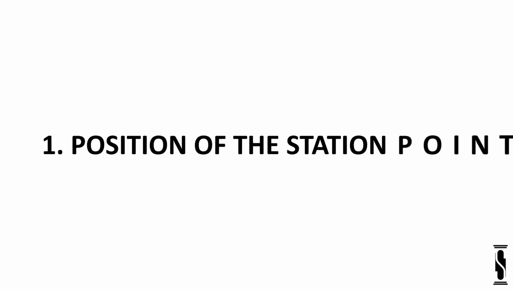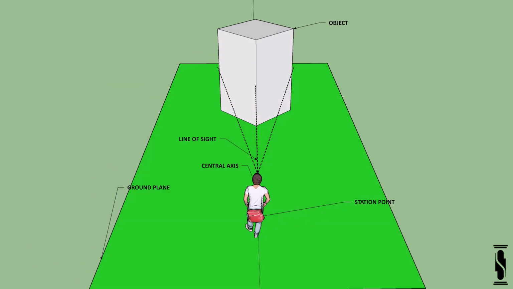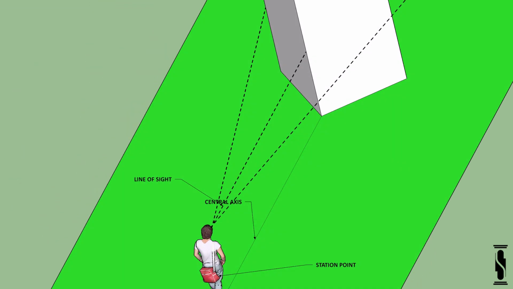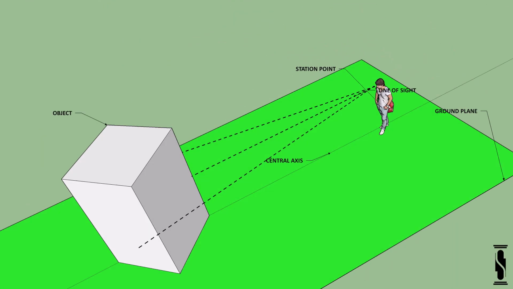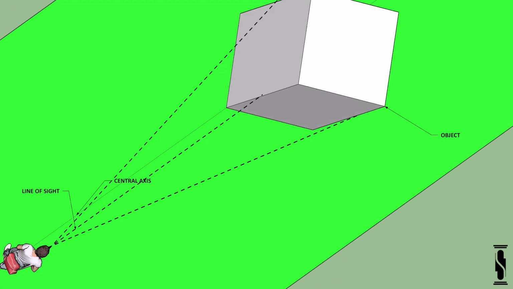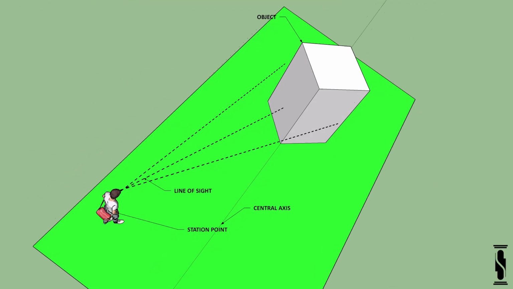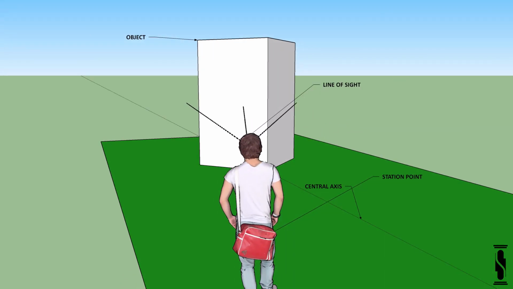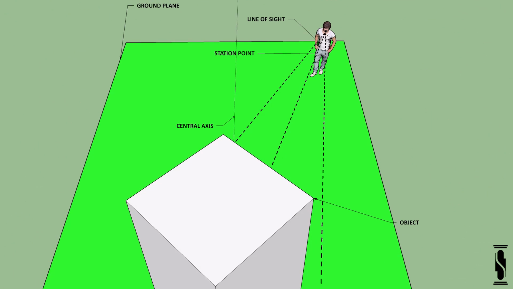If the observer stands on or nearby the symmetrical axis of the object, the observer will see both surfaces of the object equally. If the observer stands on the left side of the central axis, the observer will see the left face of the object prominently rather than the right face of the object.